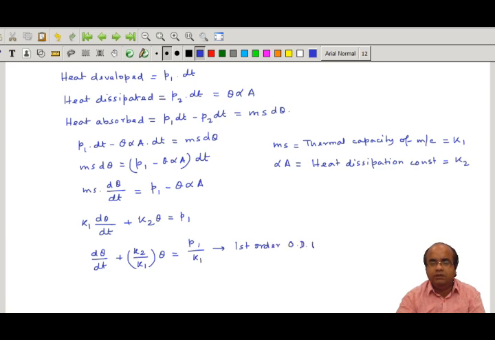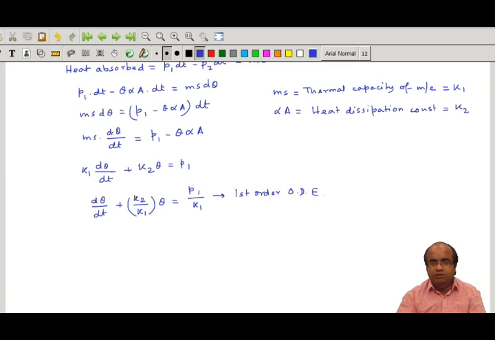Now this equation has two solutions. Since the right hand side of the equation is not equal to 0, the first one is the transient solution from the complementary function CF.